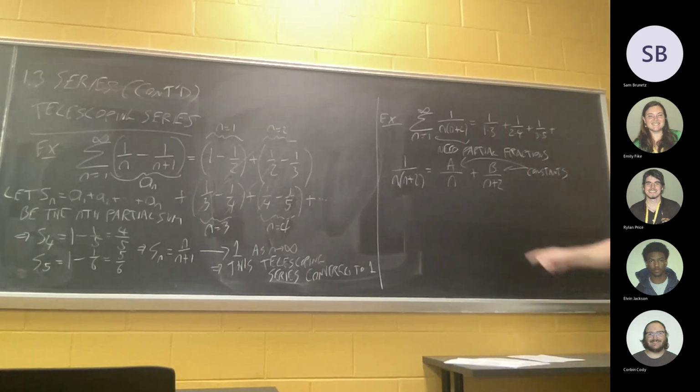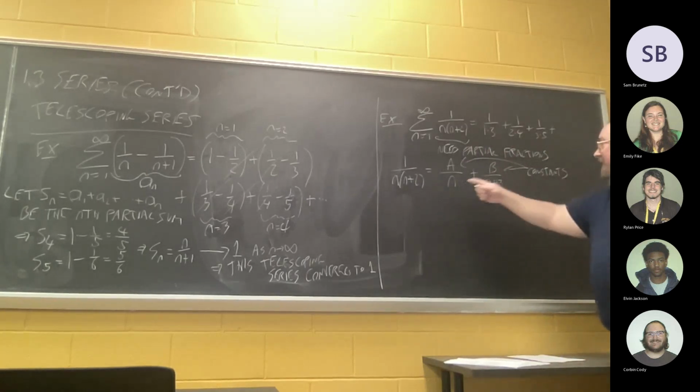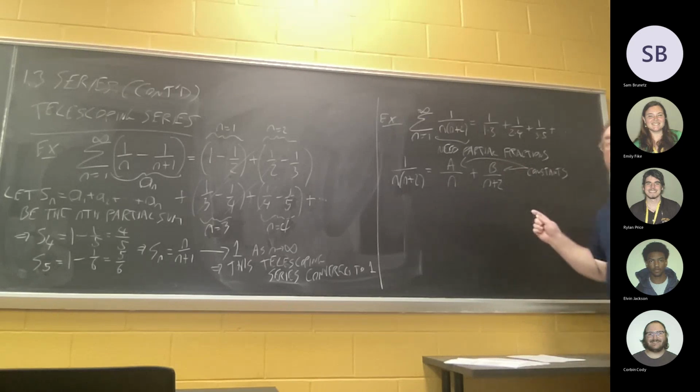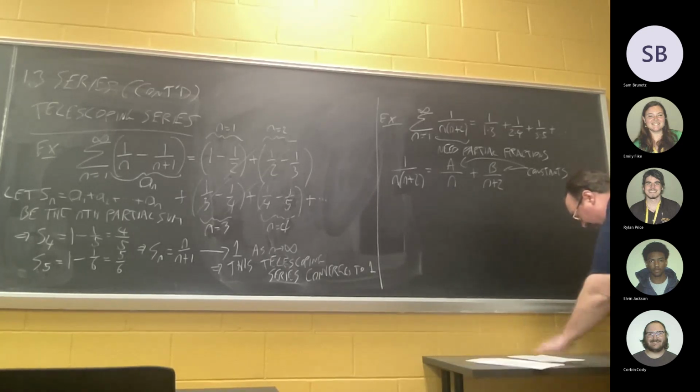So anytime you have a denominator consisting of distinct linear factors like this n and n plus 2, you can break it down to a sum where you have only one of those factors in each denominator, and a constant in the numerator. There are other partial fraction scenarios that would have been covered in Cal 2. We're not going there today. And it wouldn't be helpful for telescoping series anyway.